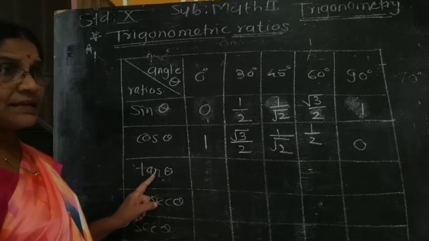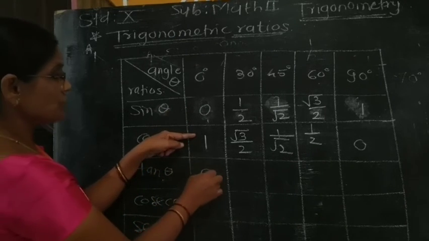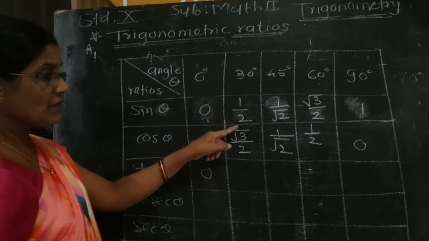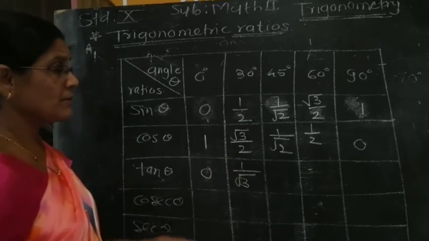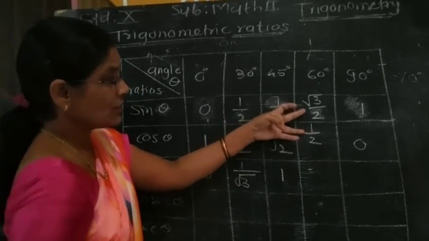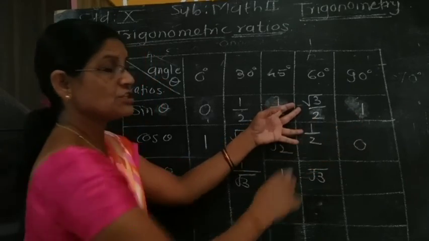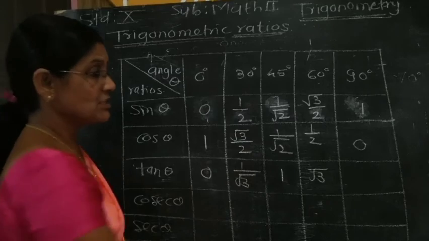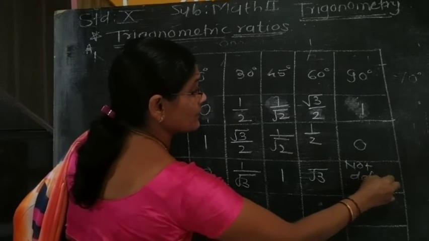After that tan theta means sine upon cos. 0 upon 1 means 0. 1 upon 2 divided by root 3 upon 2, answer is 1 upon root 3. 1 upon root 2 and 1 upon root 2 cancel, so the answer is 1. The denominator 2 cancels, so the value is root 3. 1 upon 0, we can't divide by 0, so the answer is not defined.